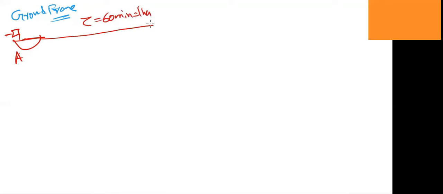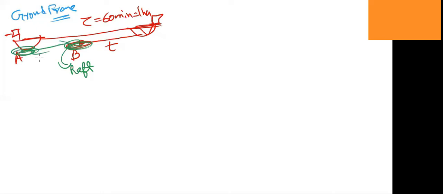Then this boat turned back, and after some time T, it met the raft again, which is here. This was the raft, so it met it here at point B. Meanwhile, the total distance the raft traveled was 6 kilometers.